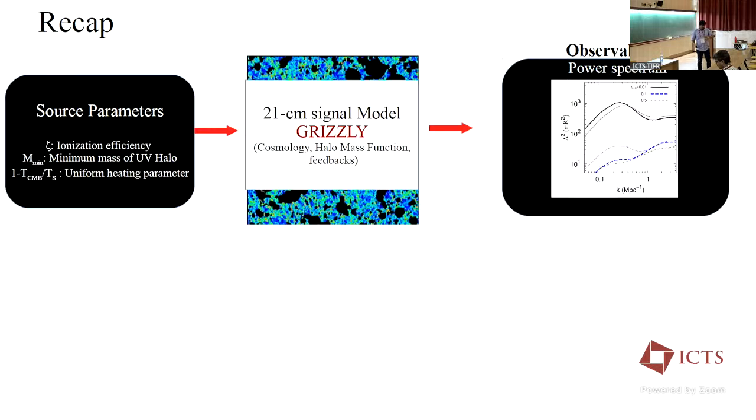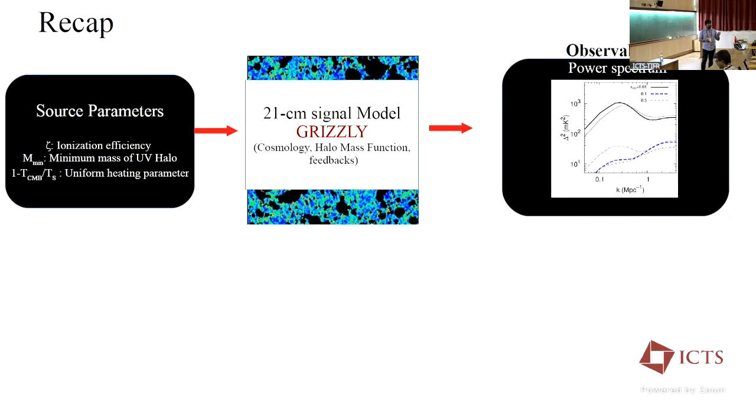Right, so before the way forward, a recap: we talked about a 1D ray transfer based simplified Grizzly model, which takes a few source parameters. Given these source parameters, the code will produce brightness temperature cubes, and from that we produce the power spectrum. Why power spectrum?